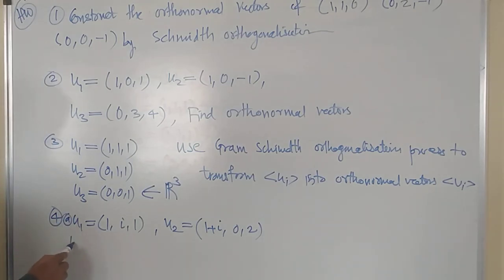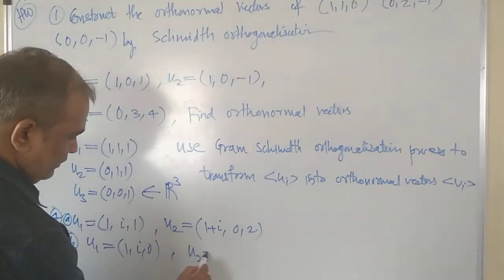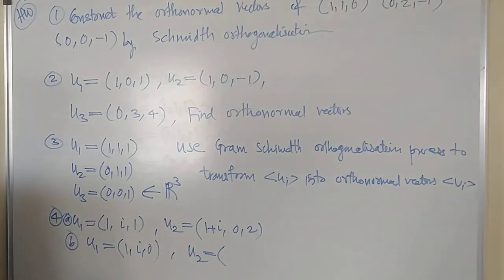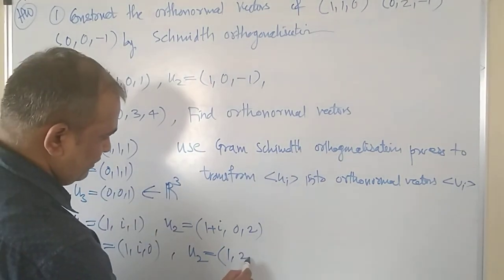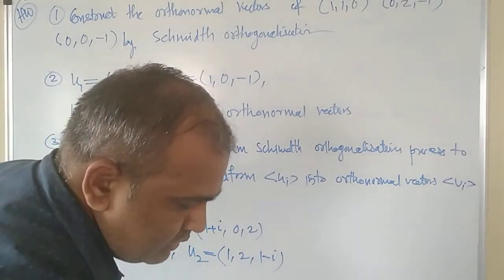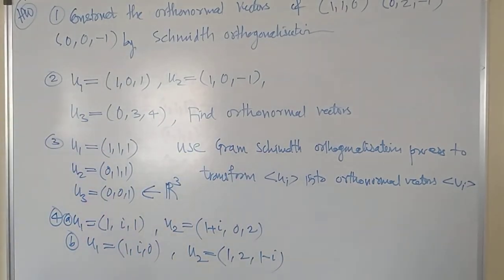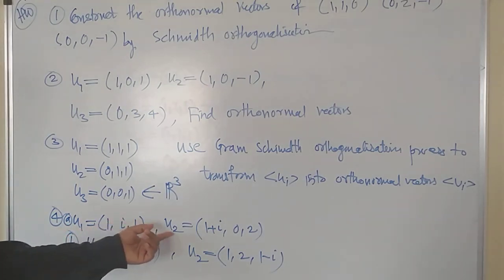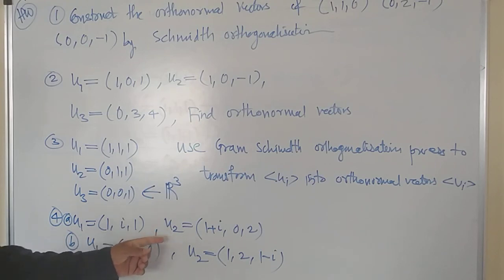This is part A, and part B of the same is u1 equal to 1, i, 0, and u2 equal to 1, 2, 1 minus i. That's all, right? So this is the homework of 5 examples. Here you have 2 parts, u1, u2, and you have to calculate the vectors v1, v2.